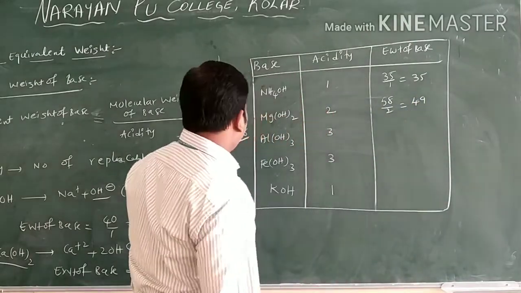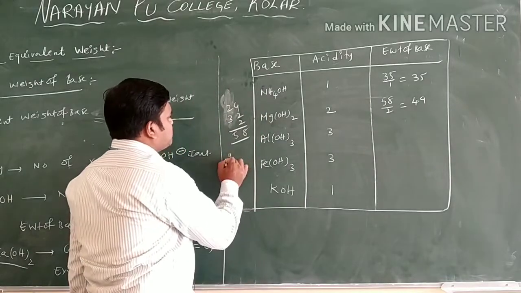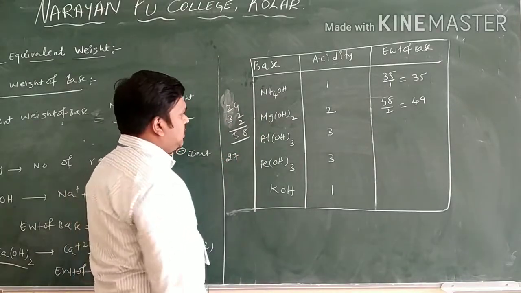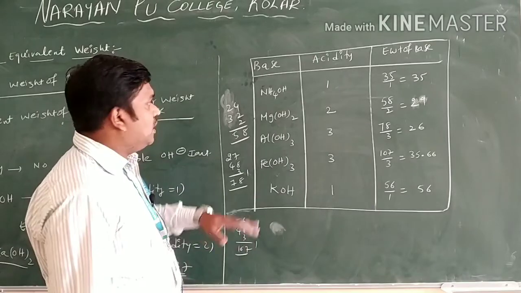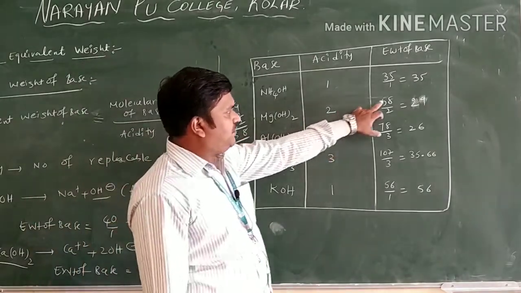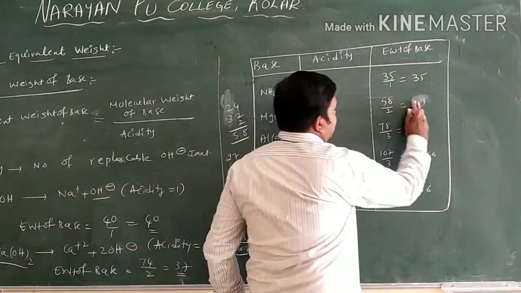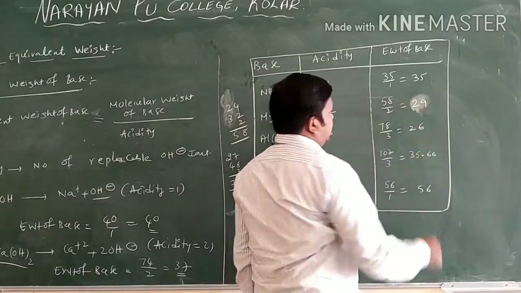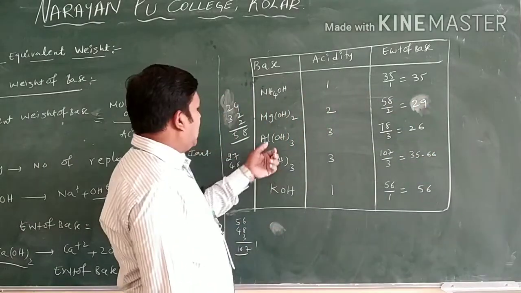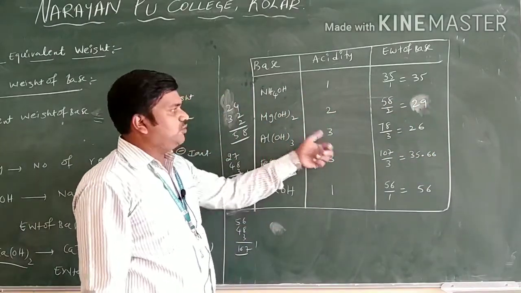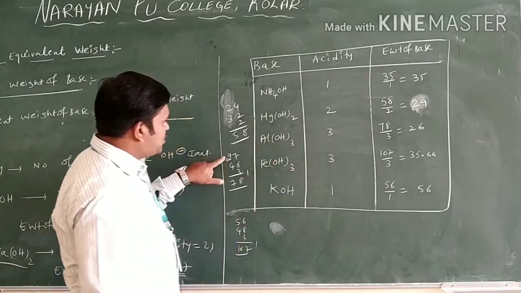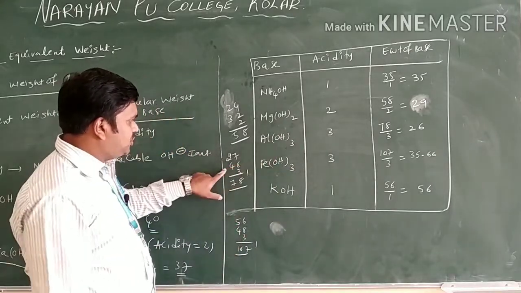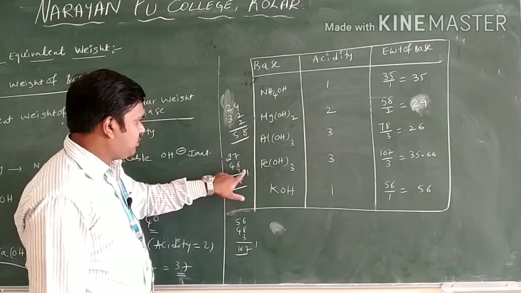Come to aluminum hydroxide, we have aluminum 27. Aluminum hydroxide gives 3 OH minus ions. Aluminum is 27, 3 oxygens, 3 into 16, 48, and 3 hydrogens.